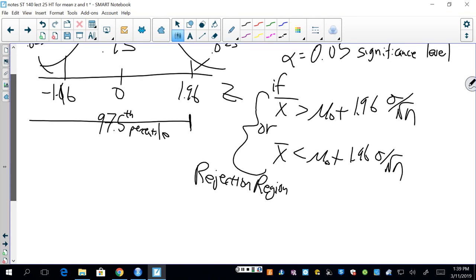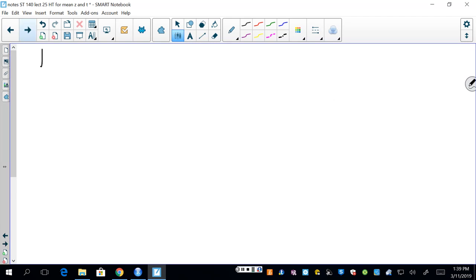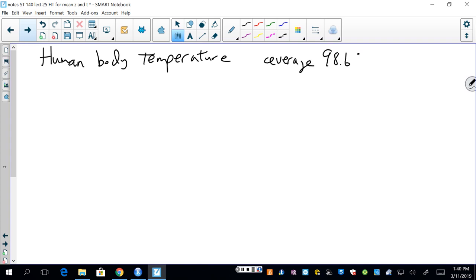So let's look at one example related to this. What's the average human body temperature? 98.6. The stated average, so everybody learns, is 98.6 degrees Fahrenheit.